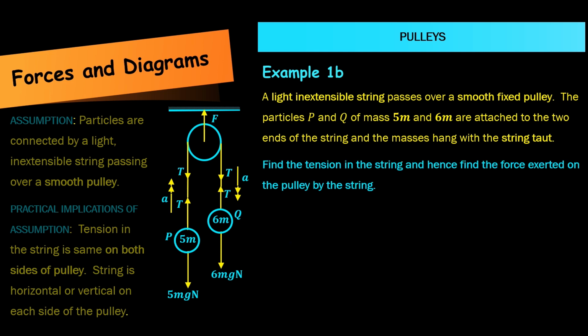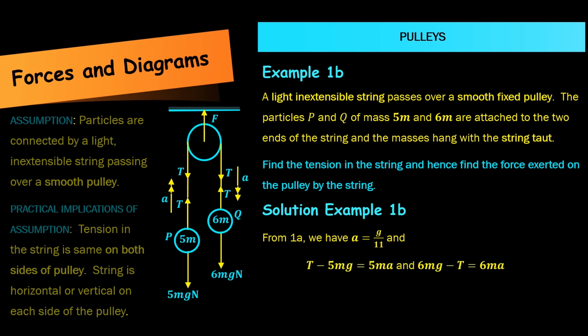And now for part B. We are required to find the tension in the string and hence find the force exerted on the pulley by the string. So let's solve this. From part A, we have that a equals g over 11. And we also have these two equations.